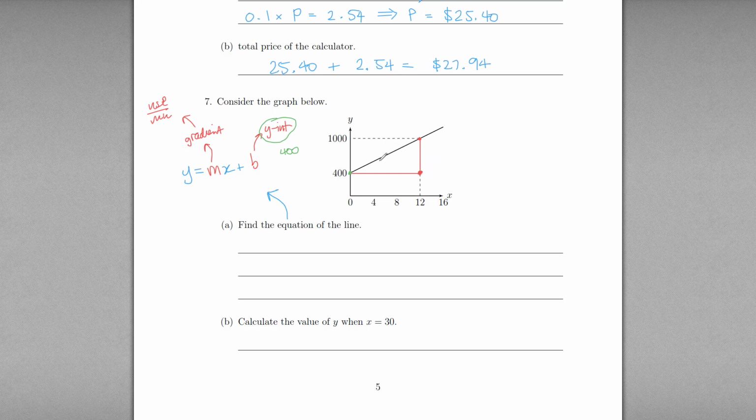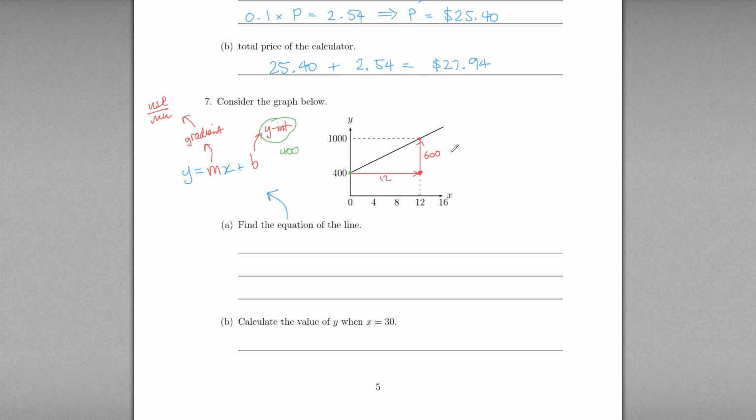Okay, so I've got a triangle here between 2 points that are given to us, and you have to think how far up, how far across. So from here to here, how far up are we going? We're going up by 600. How far across are we going? We're going across by 12.